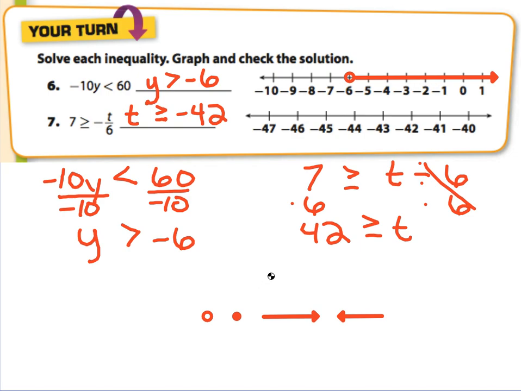On the next one, it should be a closed dot because it could include negative 42. Since it could include negative 42, that closed dot goes on negative 42, and since it is greater than negative 42, it has to point to the right.